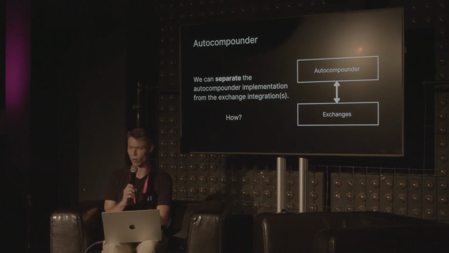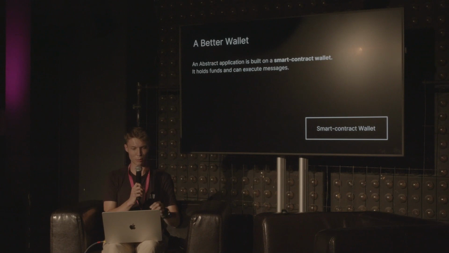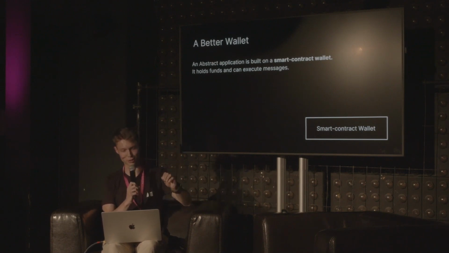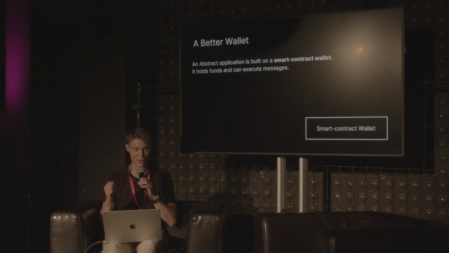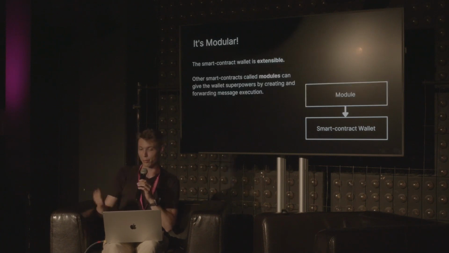Now, we start with the smart contract wallet. So every Abstract application is built on top of a smart contract wallet, and this wallet holds funds and it executes actions that are sent to it. So it acts as a proxy for message execution. And we made it modular.